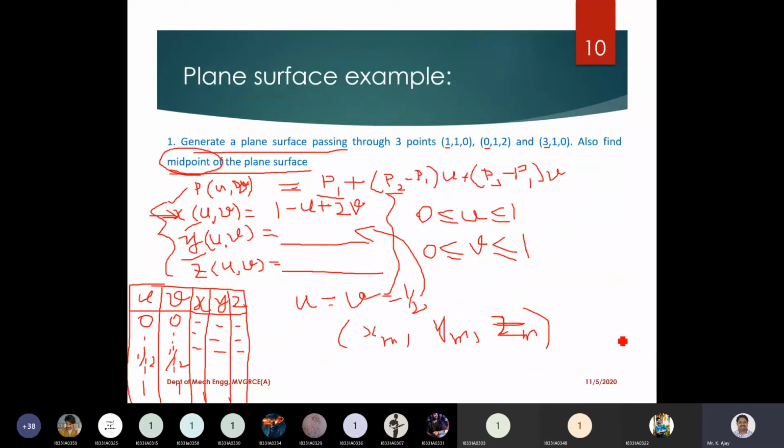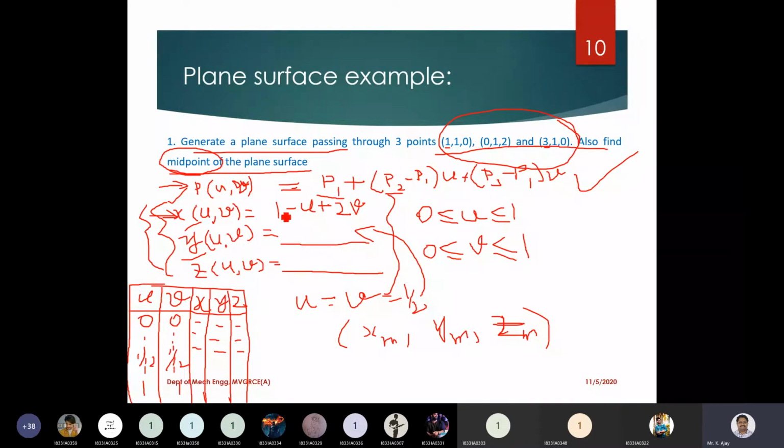Now coming to the plane surface example, we also discussed it in the last class. Given any 3 points, in this example just like P1, P2, P3, how to generate the surface equation. Here you can get the surface equation. The parametric form you should subsequently divide into scalar form by writing the x, y, z equations individually.